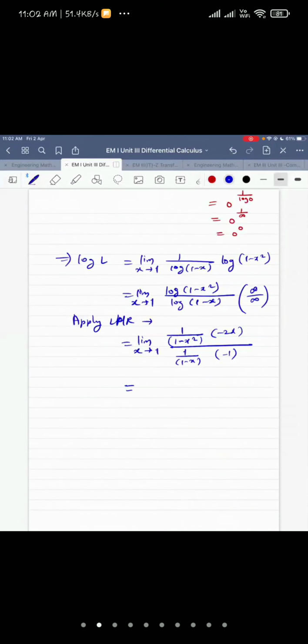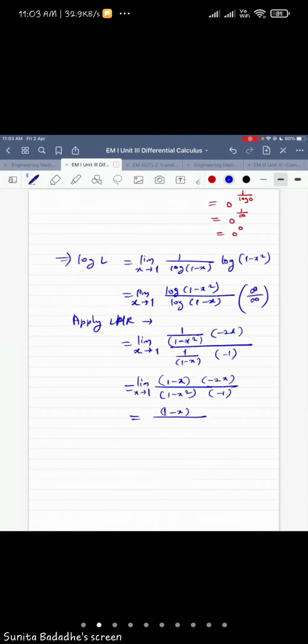Now let me simplify. This 1 minus x will go above, 1 minus x square will come below, and we have minus 2x here and minus 1 here. This calculation can be saved by factorizing the denominator. 1 minus x square has factors 1 minus x and 1 plus x. Now I'll cancel the negative sign, so it is just 2x.